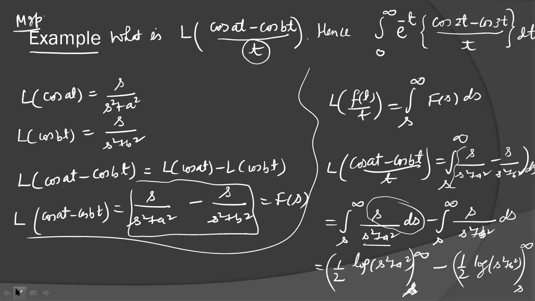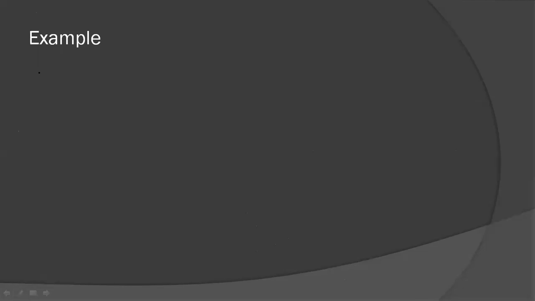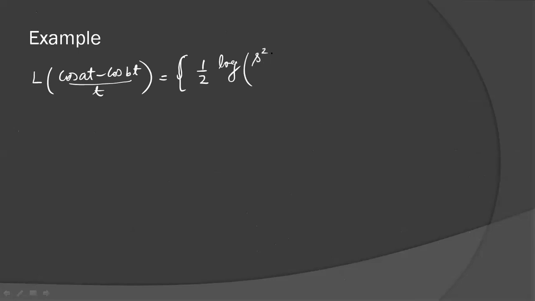So now what will be the Laplace now? So Laplace of (cos at minus cos bt) by t is reduced as now 1 over 2 [log(s square plus a square)] from s to infinity minus 1 over 2 [log(s square plus b square)] from s to infinity.